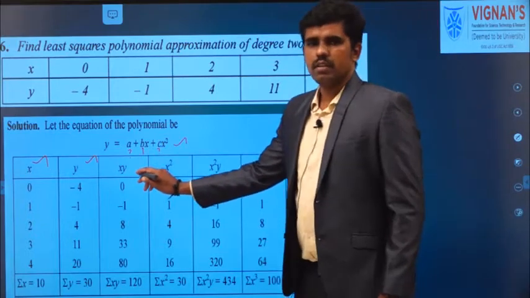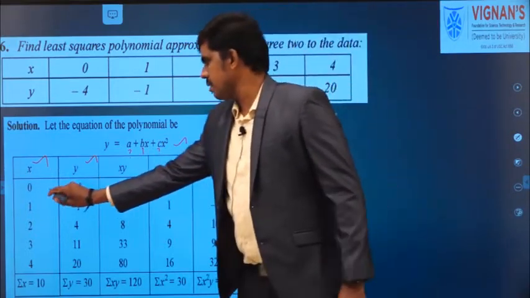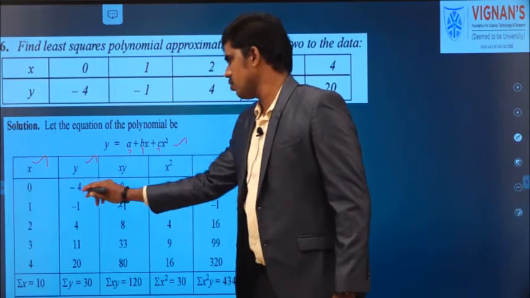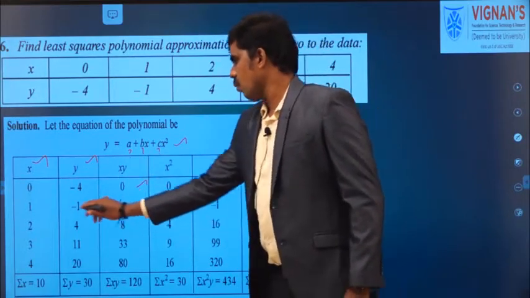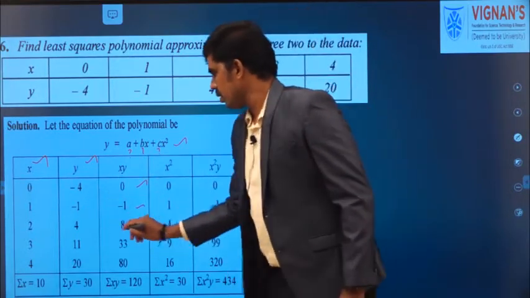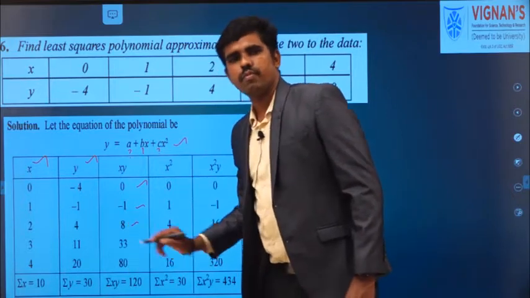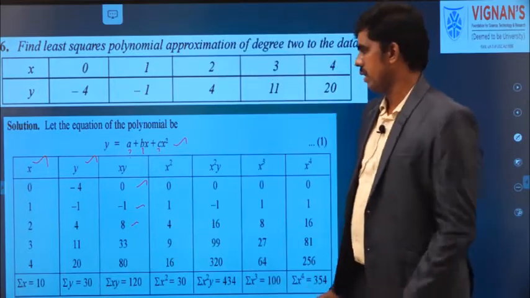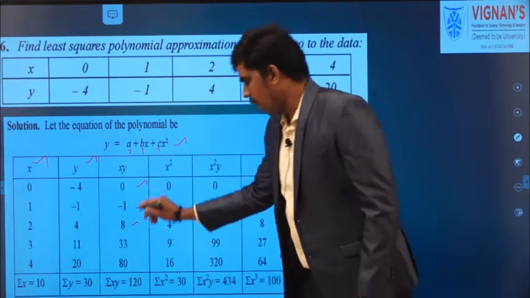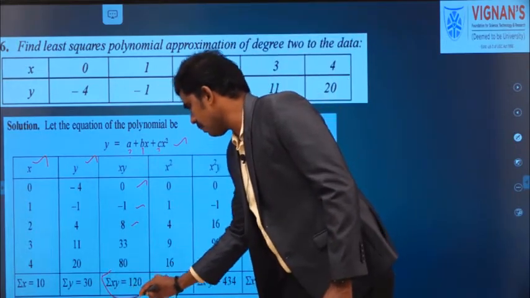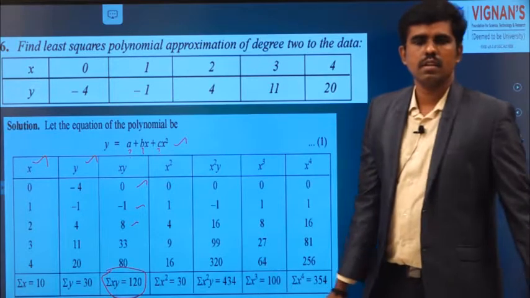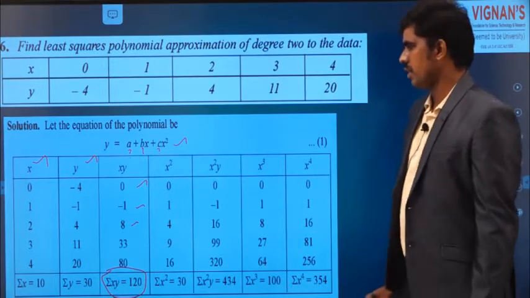Then xy, you know how to find xy. xy means corresponding x times y: 0 into minus 4 is 0, 1 into minus 1 is minus 1, 2 into 4 is 8. In this way you calculate xy using a calculator. Then the addition of all these values gives summation xy.